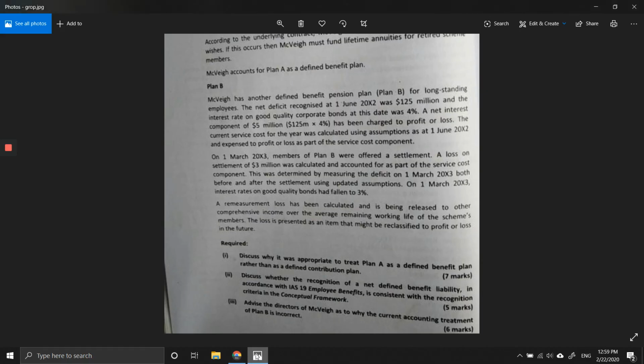Alright, and what has happened? The assumption was calculated as at first June. This is on 1st March, right? So that means Plan B were offered a settlement. Okay, updated assumptions.